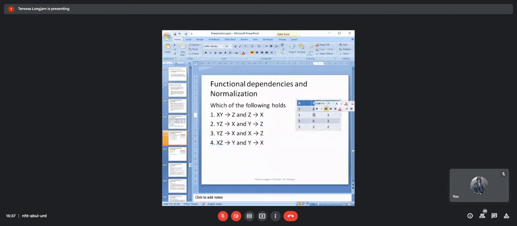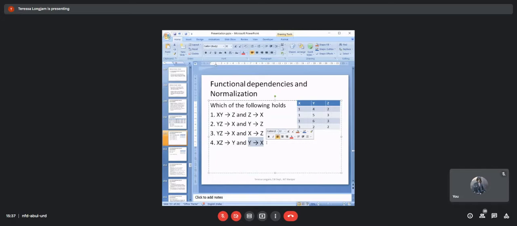You can see here one has 5 and one has 6. So this is not true. If two or more tuples have the same value of x, z, then the value of y should be the same. That is the definition. So this is not true.